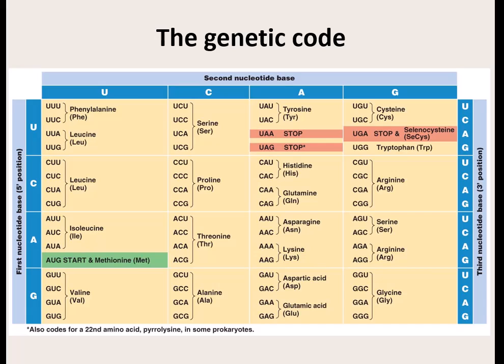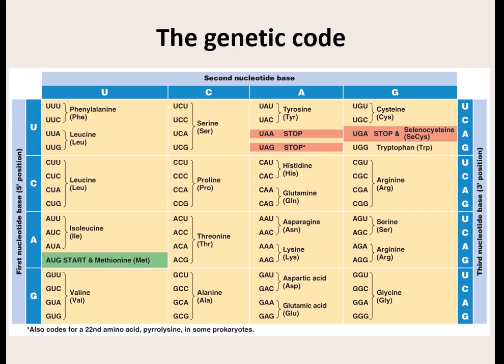But if you notice, there are 64 different ways you can mix these different bases around into codons. But how many amino acids are there in the human body? There are 20. The human body has 20 different amino acids, but there are 64 different codons.